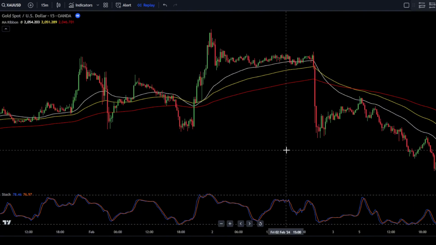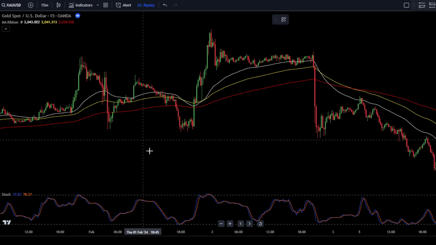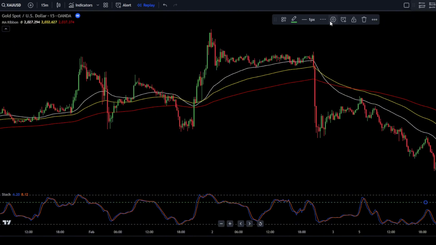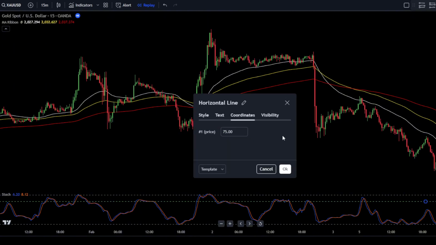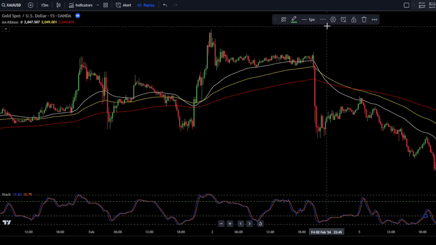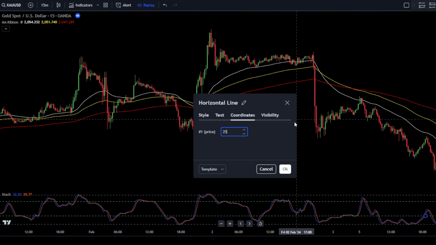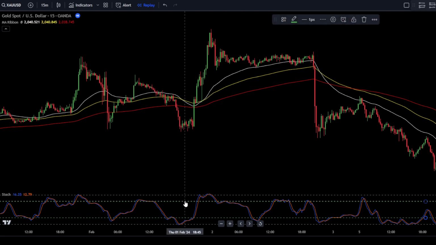Before we use it, add 2 horizontal lines to the stochastic indicator. Insert the first horizontal line and set its level to 75. Then insert the second horizontal line and set its level to 25. For the line colors, feel free to adjust them according to your preference.